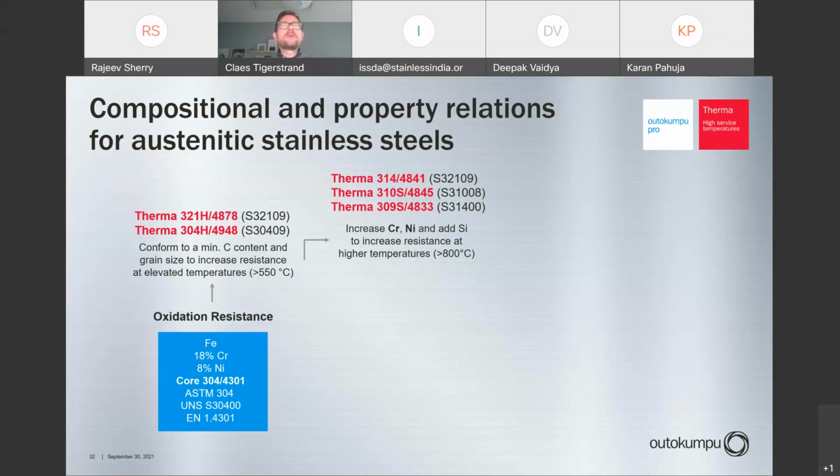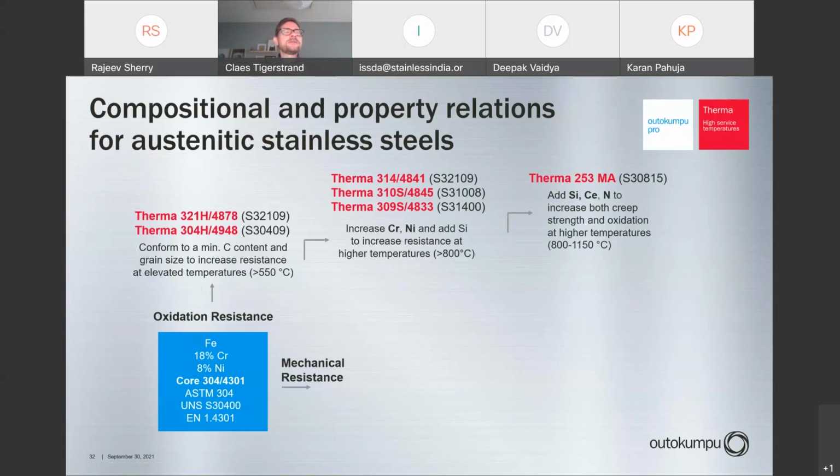But the grade we have developed, which we think in most cases would have the best properties, is the Therma 253MA. And as you can see here, we have also added mechanical strength at high temperature. So with this grade, you will improve both the oxidation resistance and the mechanical strength at high temperature, which is actually the creep strength that will be improved.